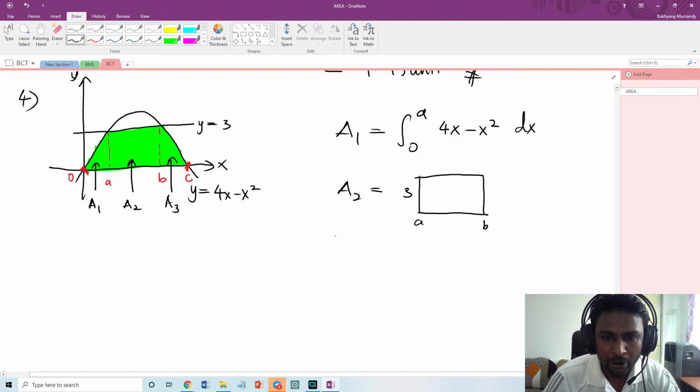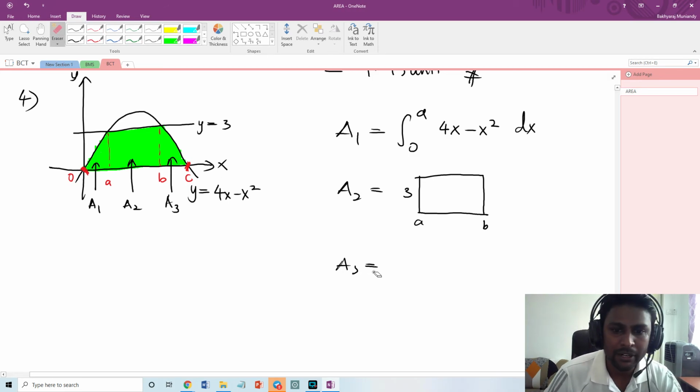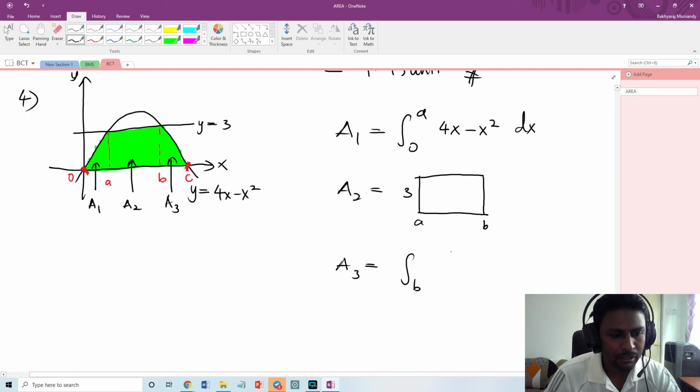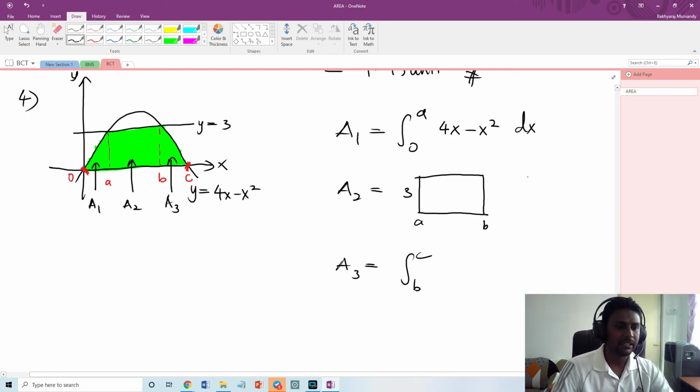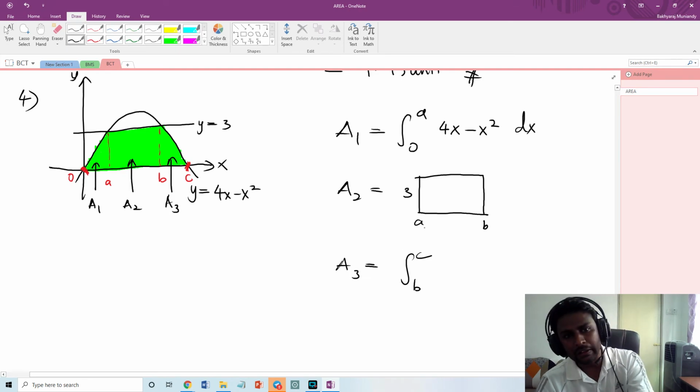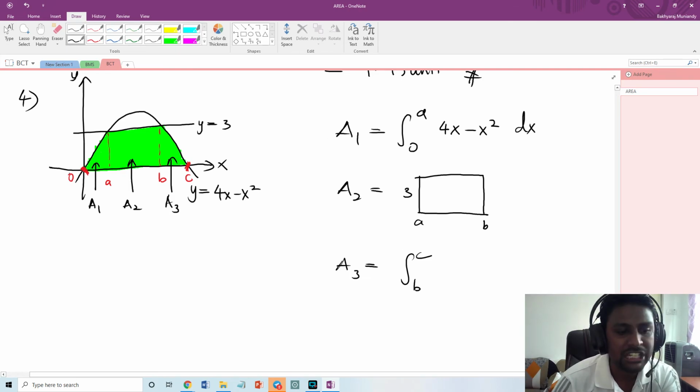Okay, now what about A3? The limit is not B0. How come B0? It is BC, correct. 0 is the origin, so this one cannot be the origin.